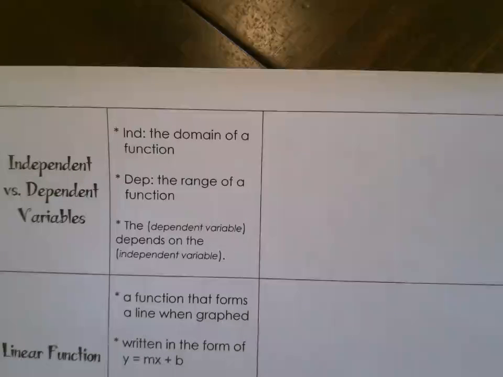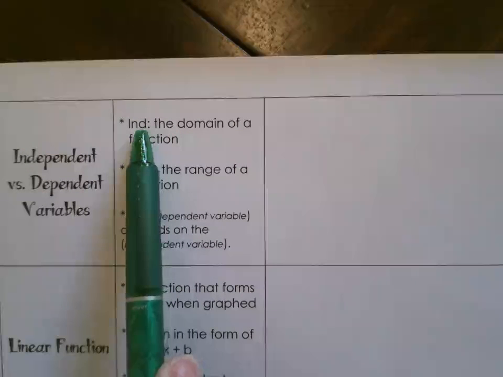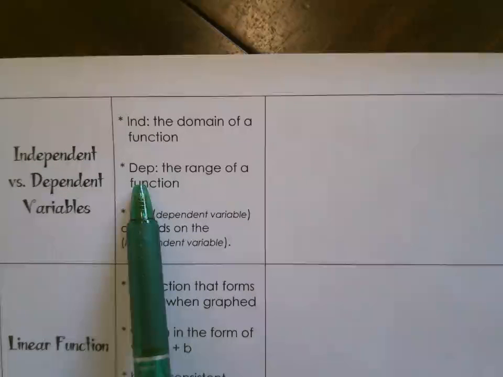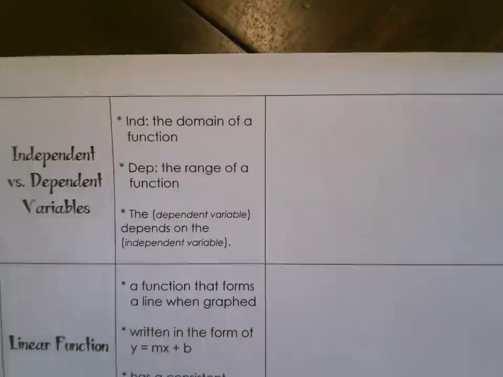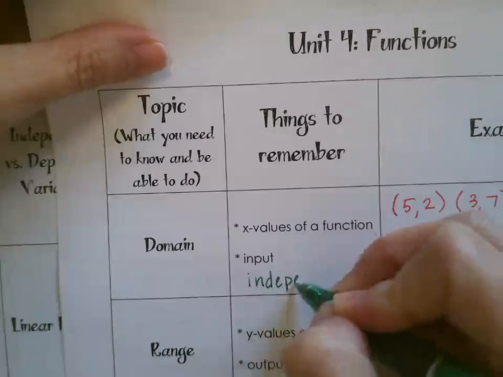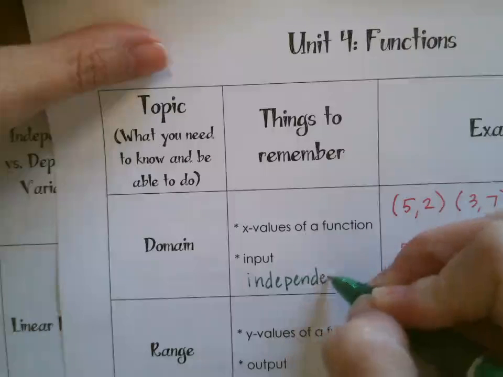So the deal here is that, going along with domain and range, we start with the independent variable first, and what we get is the dependent variable. So going back here, domain is always the independent variable. It's the input.